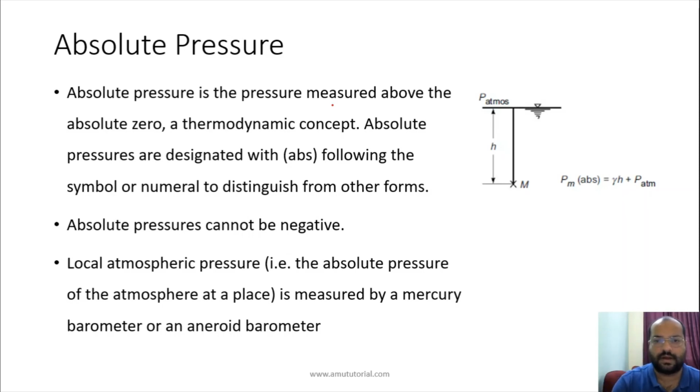And how to denote this? Absolute pressure is always denoted by writing ABS or absolute in the subscript. It is always above the absolute zero pressure.